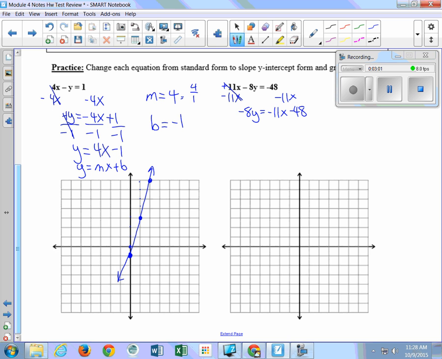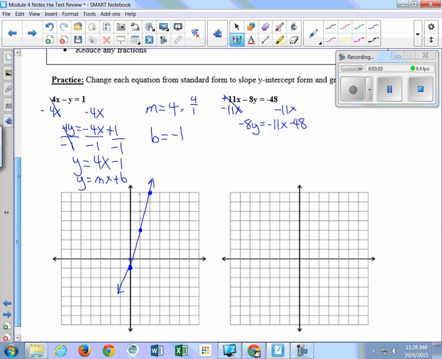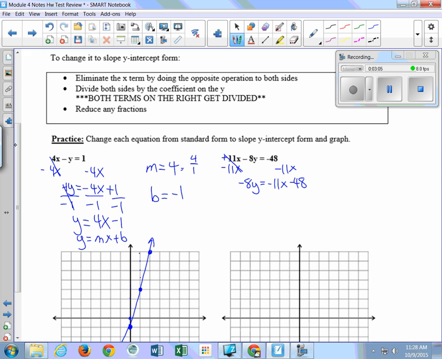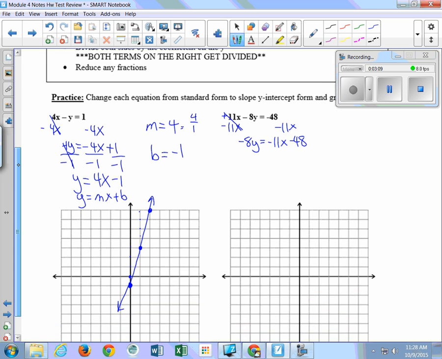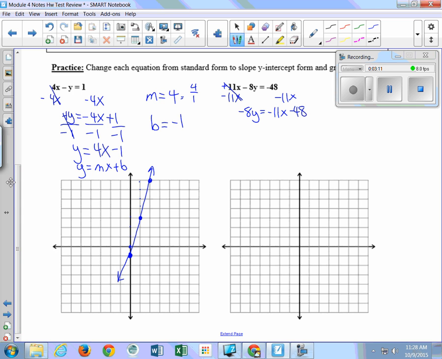So now let's divide both sides by the coefficient of the y. I'm going to divide both sides by what? By negative 8. Every term by negative 8. Those get canceled. Y equals 11 over 8.